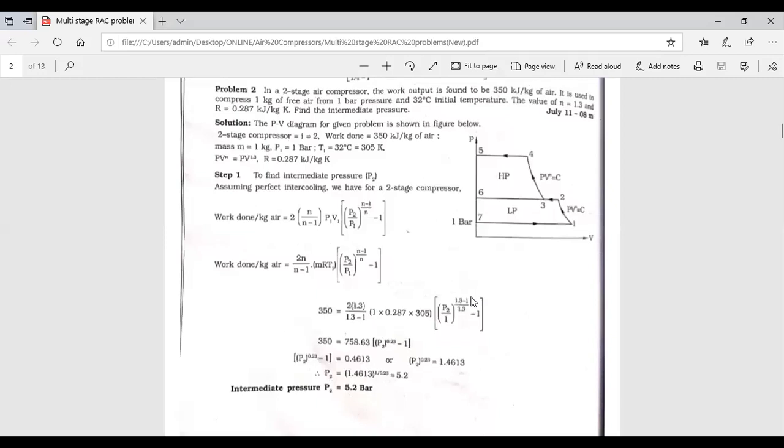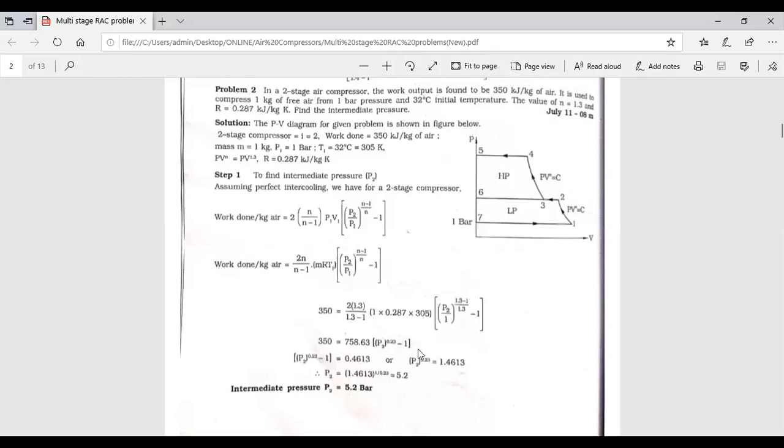Okay. Hope you understood. P2 to the power of 0.23, I'm taking this one, equals to 350 divided by 750.63, is your 0.4613. Now I am taking this minus towards right hand side. P2 to the power of 0.23 equals to 1.4613. Now in order to get P2, what you are going to do?